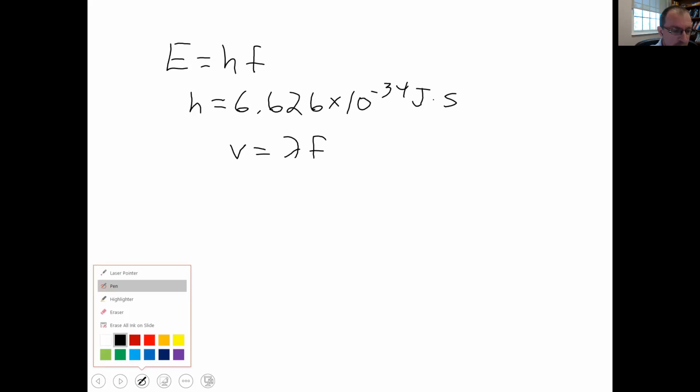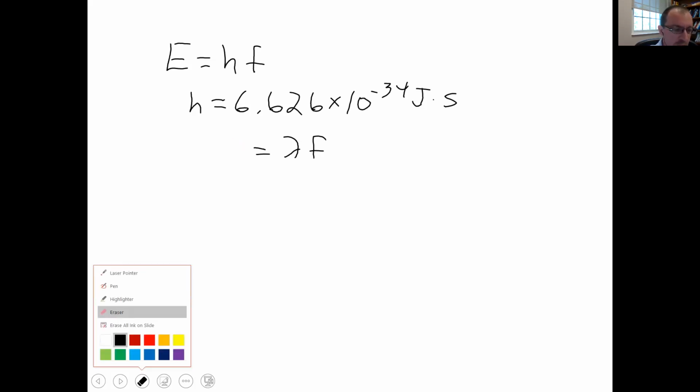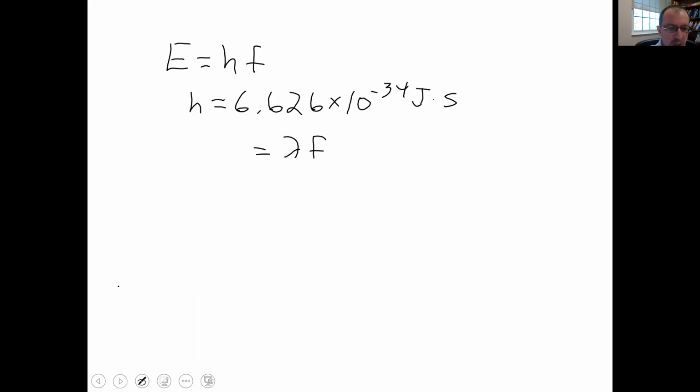In this case, the speed that we're dealing with is the speed of light. We represent the speed of light with its own special symbol. That symbol is c. And the speed of light is 3 times 10 to the 8th meters per second. That's how fast light goes.